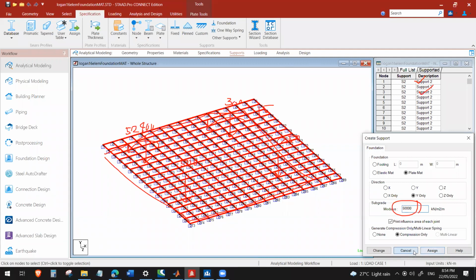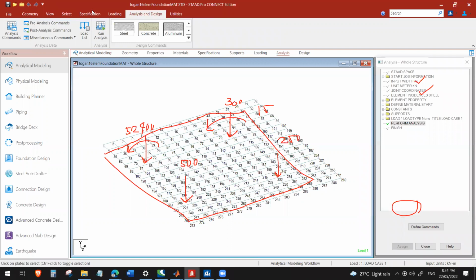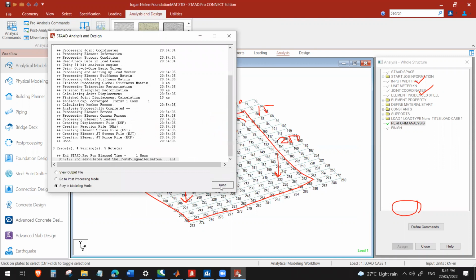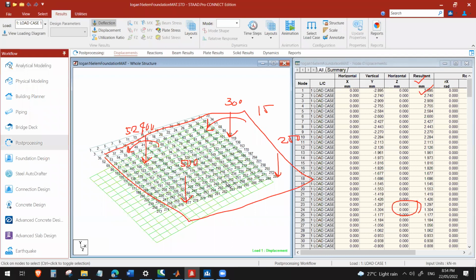And let's now analyze. And then let's check the displacements.